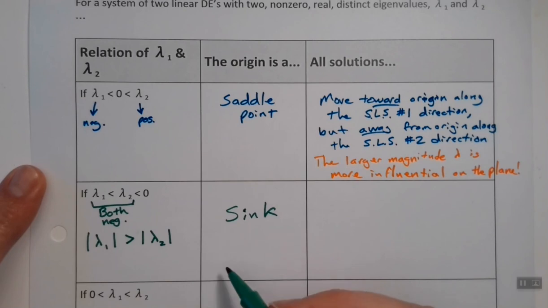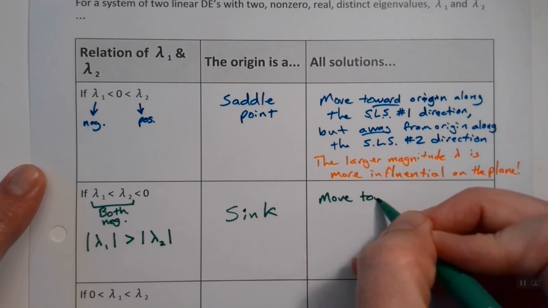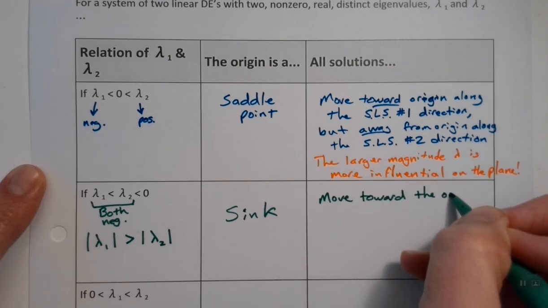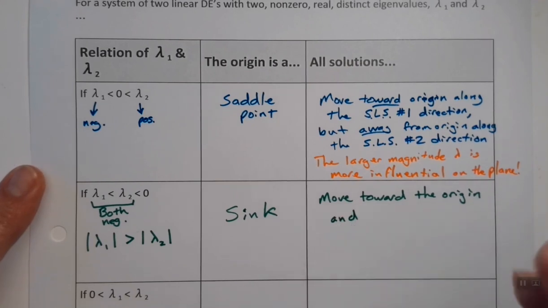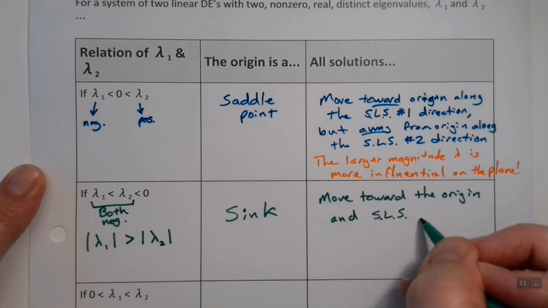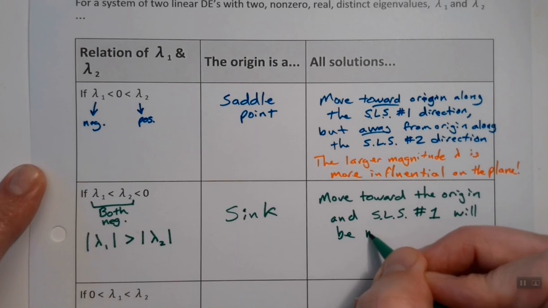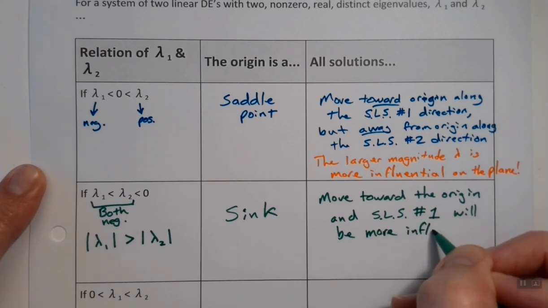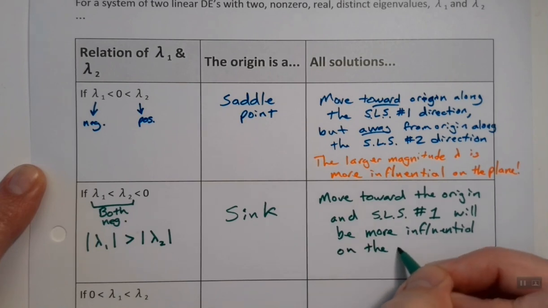That means everything heads towards the origin, and so all solutions move toward the origin. And because we know that lambda 1 is larger magnitude, the straight line solution associated with number 1 will be more influential on the phase plane.